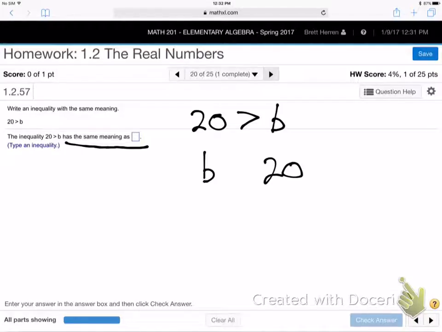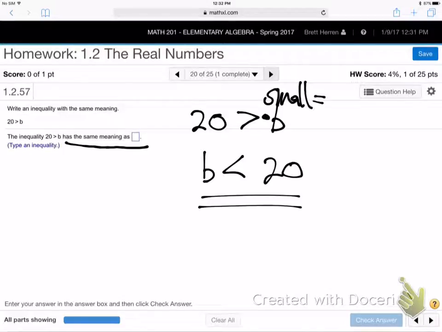Just flip the symbol. Right, yeah. You all realize that says exactly the same thing, doesn't it? In both cases, notice it says b is the smaller one. B is on the narrow side, smaller. 20 is on the wide side, so it's larger.